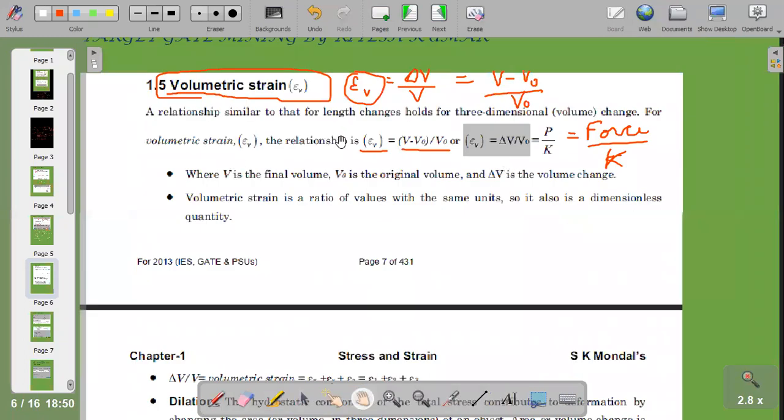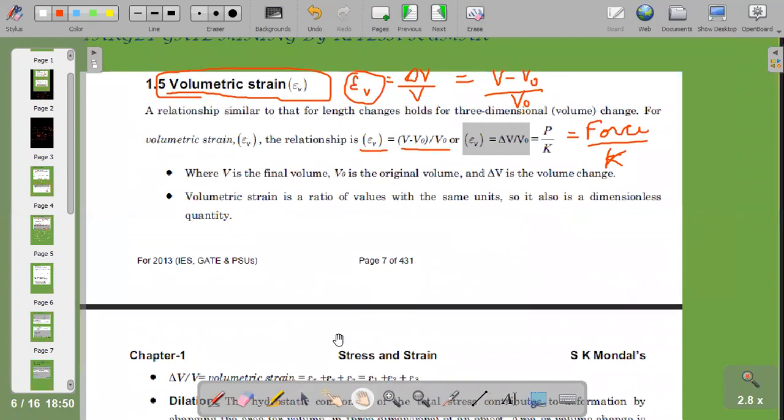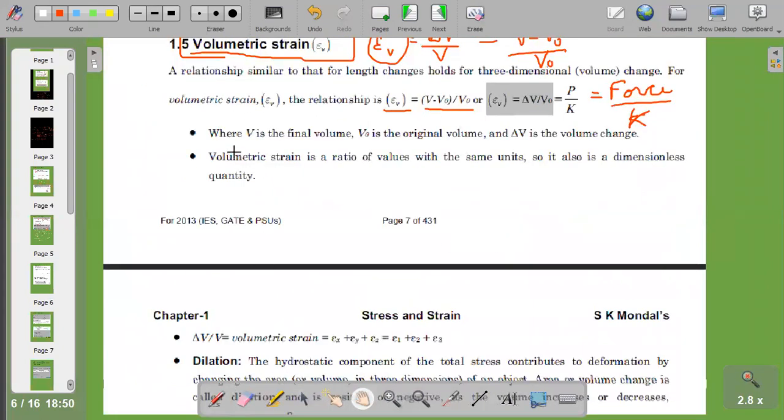Everyone write this volumetric strain. Delta V is the change in volume, V is the final volume, V naught is the original volume.